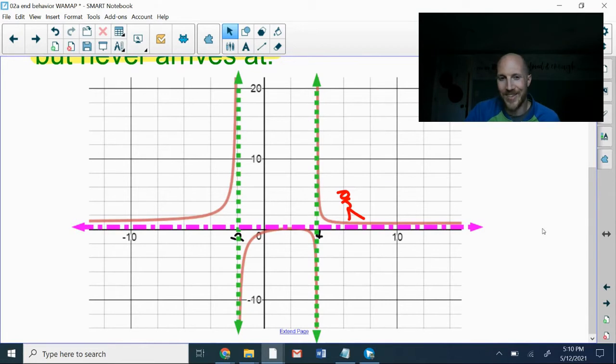The graph just doesn't exist at those points. The curve gets closer and closer to the green dotted line as you go up here. The further left you go, the curve gets closer and closer to the pink dotted line. Never actually arrives there. It doesn't cross it. It doesn't touch it. And the same thing in all these other places.